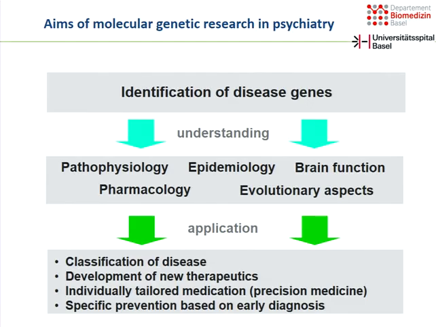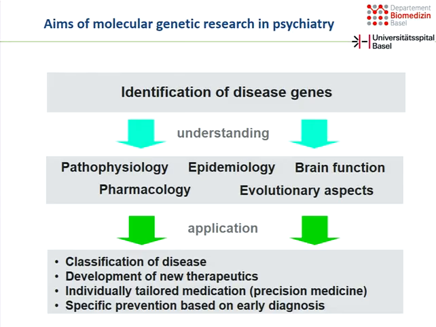And then we want to learn about epidemiology. How do these genetic variants that contribute risk to a disorder behave in the population, also in healthy individuals? Those are epidemiological aspects. Pharmacology: how do they impact treatment with drugs, for example?